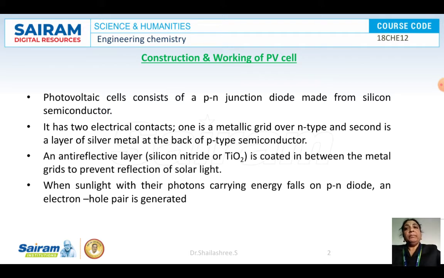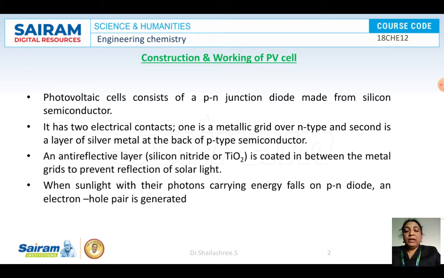A typical solar cell consists of a metal grid in the front, at the top of the solar cell, over the N-type layer. The second layer is a silver or other inert metal coated on the back side of the solar cell.